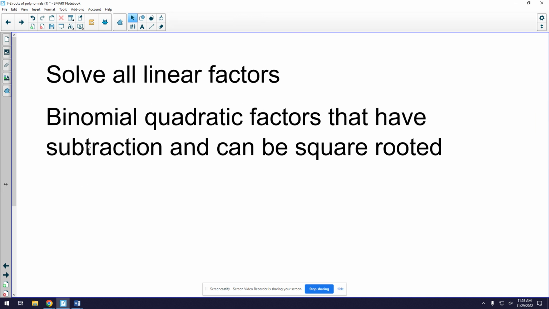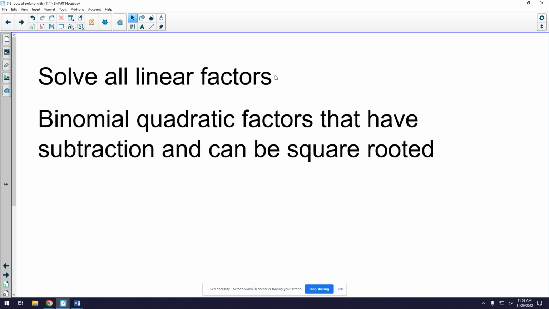We'll look at examples of what that means, but if that factor is linear, you're going to set it equal to 0 and solve.